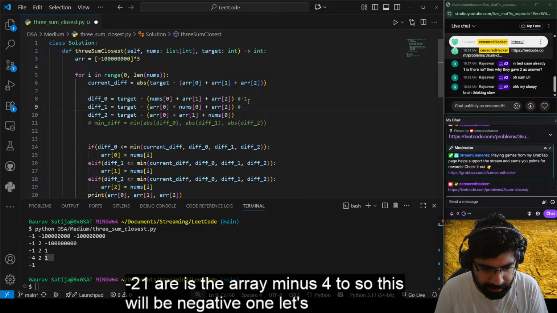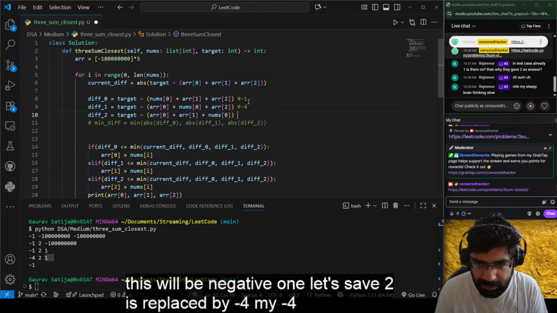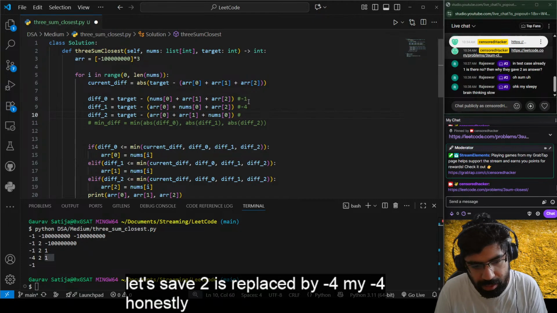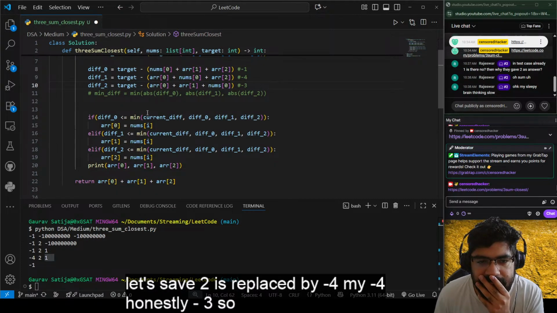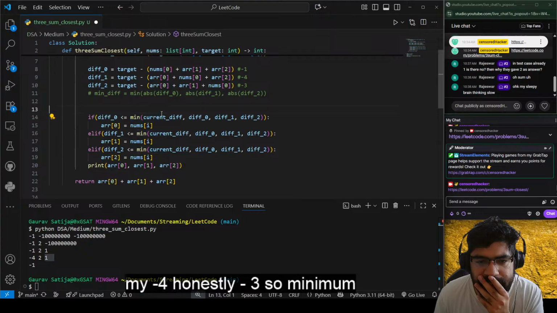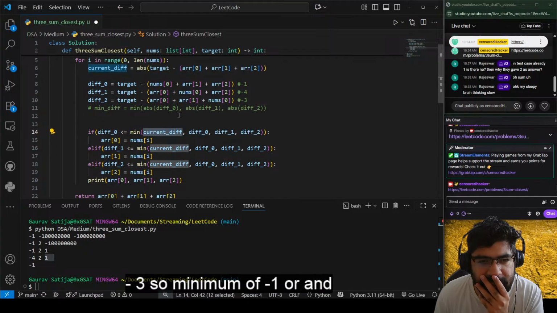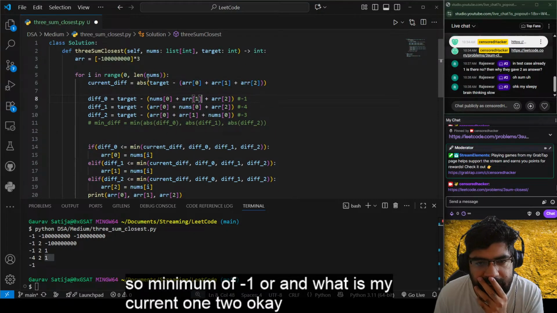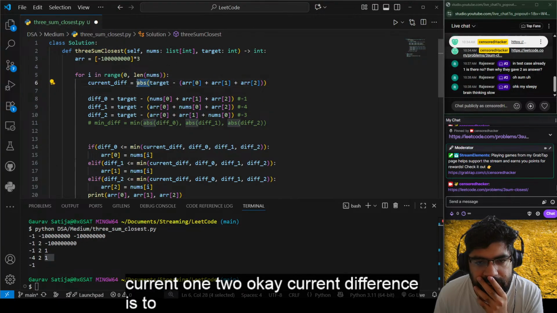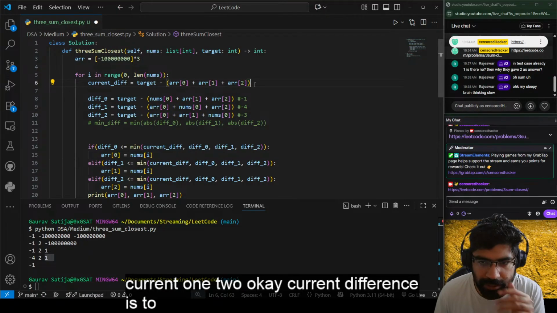Let's say if 2 is replaced by -4, honestly, -3. So minimum of -1, and what is my current one? 2. Okay, current difference is 2. This is 2.